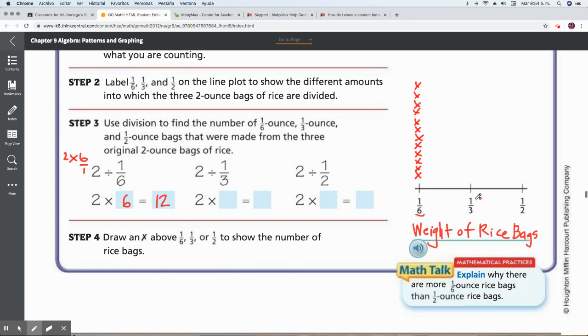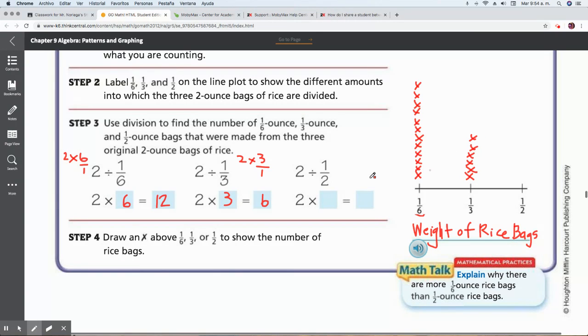Now for 1/3, we're going to do the same thing. 2 divided by 1/3. Again, we're going to use the reciprocal. So we change the division symbol to times, and then we flip this fraction. What is 2 times 3? 2 times 3 equals 6. So that means that on top of 1/3, we need 1, 2, 3, 4, 5, 6 X's.